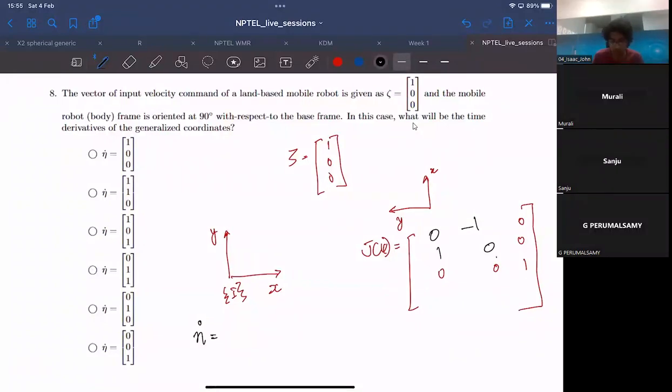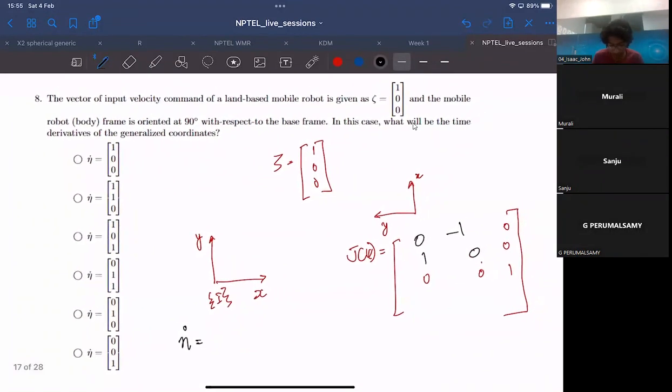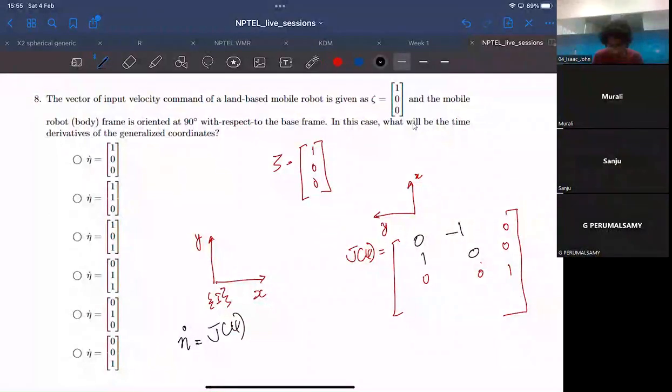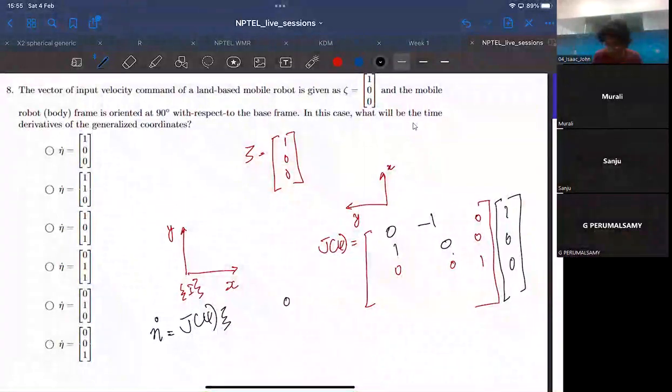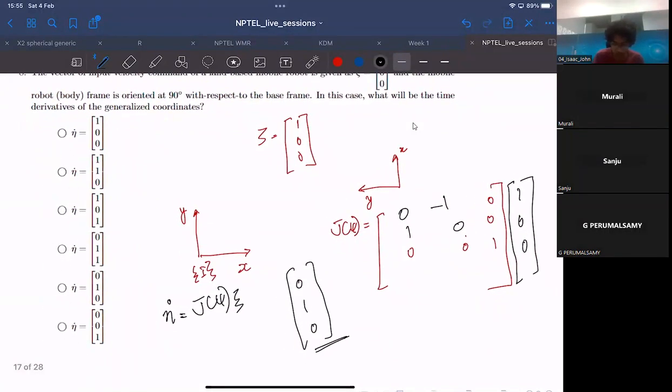As per the forward differential kinematics, eta dot would be J of psi into zeta. If you do the matrix multiplication, this would be 0, 1, 0. And the right answer is option number 5. This would be the correct answer.